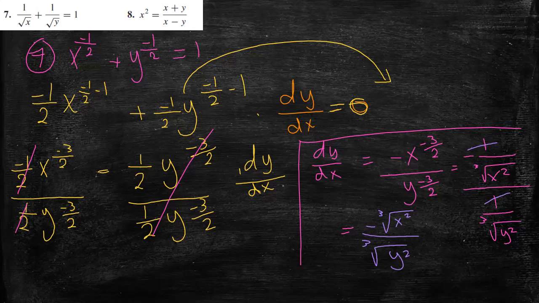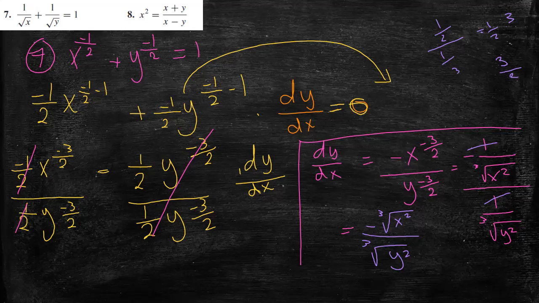Yeah, this is dy over dx. Half divided by third comes like 3 over 2.